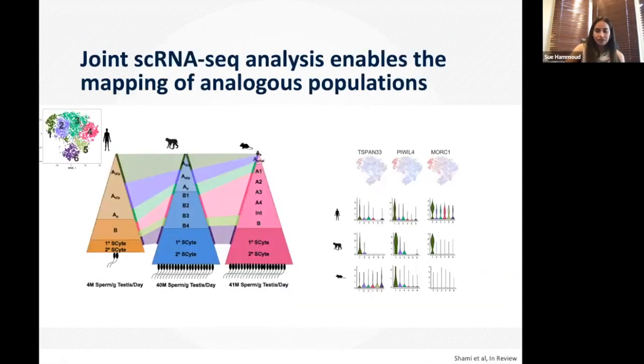Using this information, now that we've aligned molecularly equivalent cell types across the different species, we could compare and identify conserved markers that identify populations across the 3 species. This is shown here by PWL4, which is highly expressed in spermatogonial population 1 in human. It's also a really good marker in macaque, and a good marker in the mouse spermatogonial stem cell population.